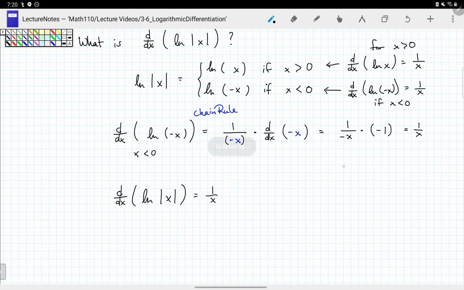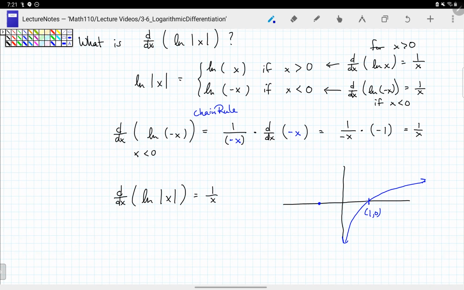And thinking about this, the natural log function looks like this. Remember, this is the inverse of the exponential function. This crosses at (1, 0). And if I want to take the graph of the natural log of the absolute value, well, what would the natural log of the absolute value of negative 1 be?